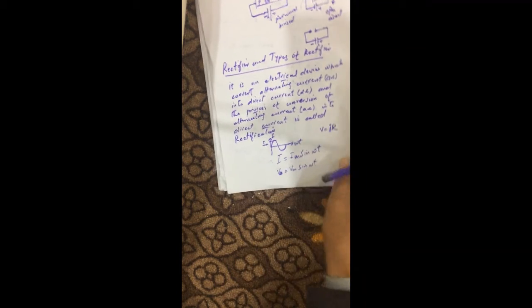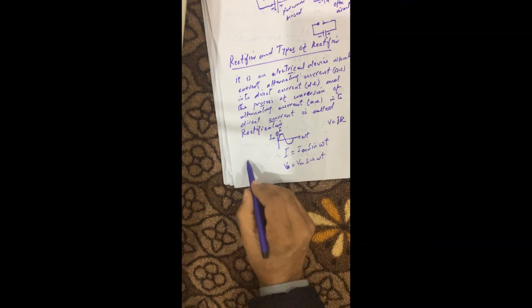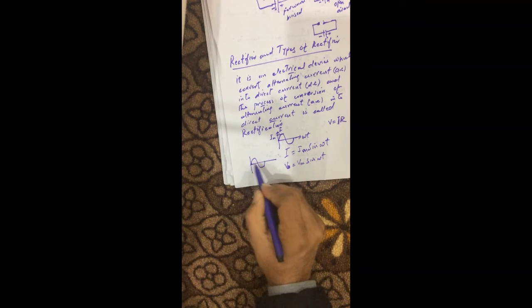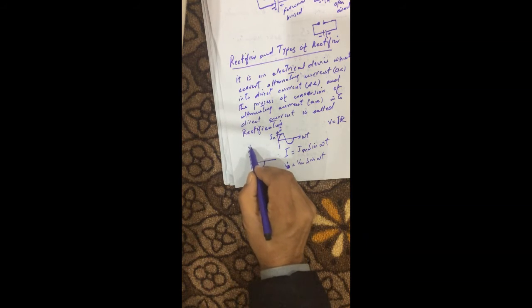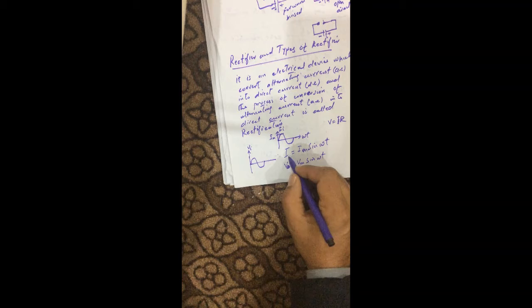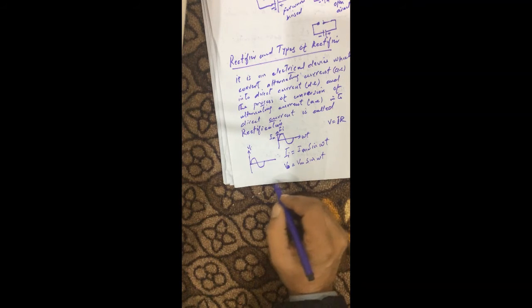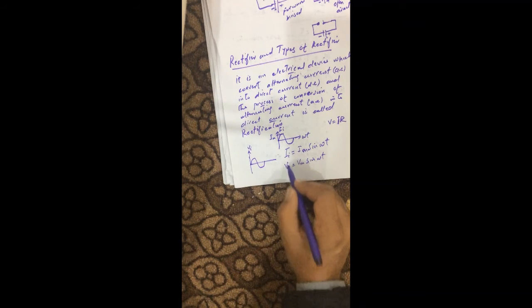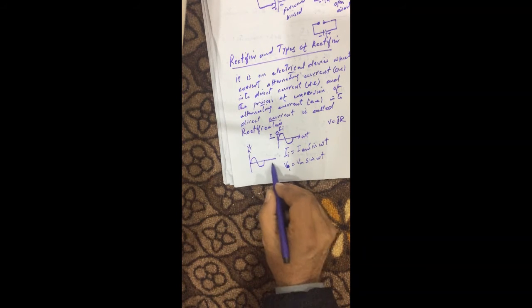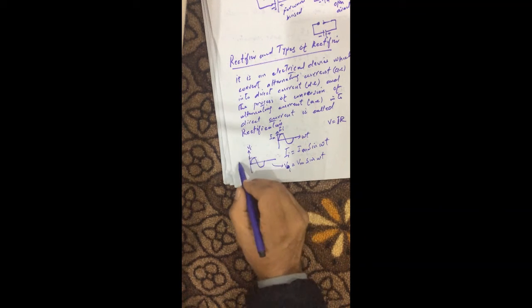This type of behavior is the same for the voltage also. This is the input current and this is the input voltage, which is given by this relation. This is the maximum value of voltage, so we call it Vm or Vp, the peak value.